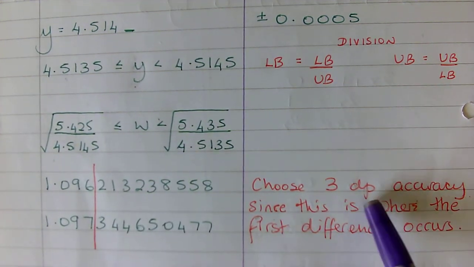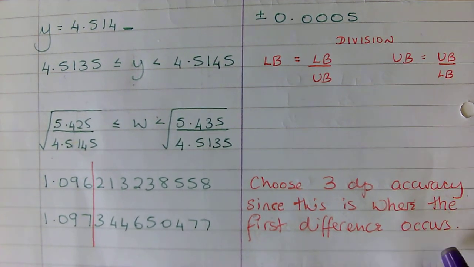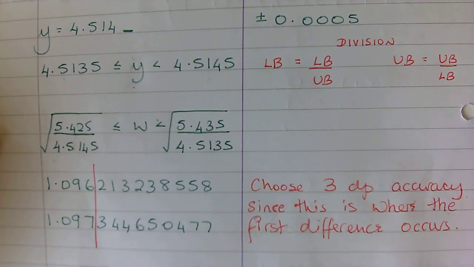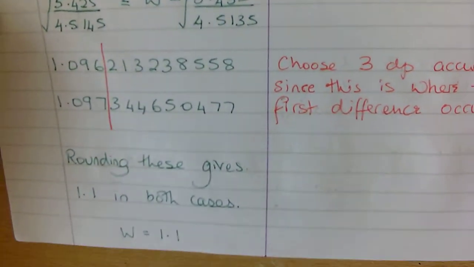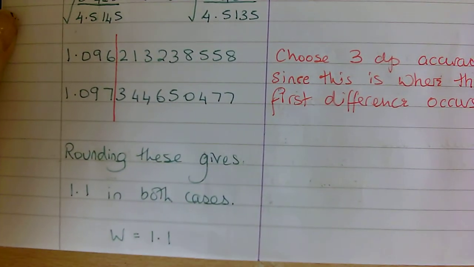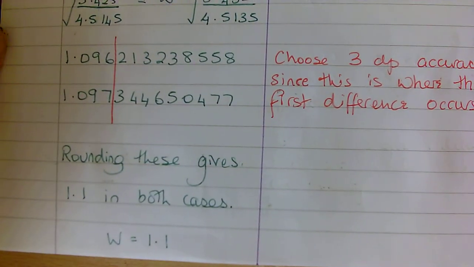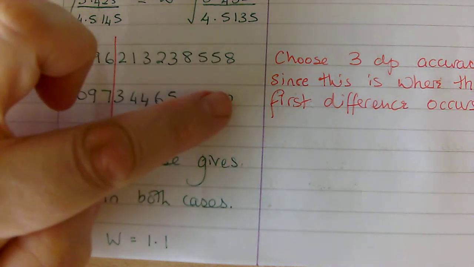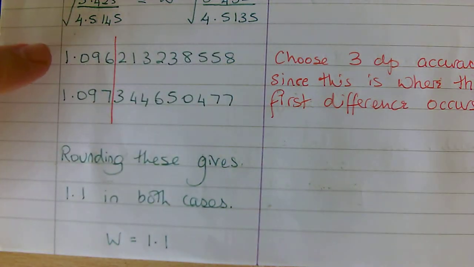So choose 3 decimal place accuracy, since this is where the first difference occurs. Fine, but we've still got two numbers, and the question says find a value for w, singular. So what we would then do is disregard the remainder of these digits and just look at what we have on the left hand side of the red line.